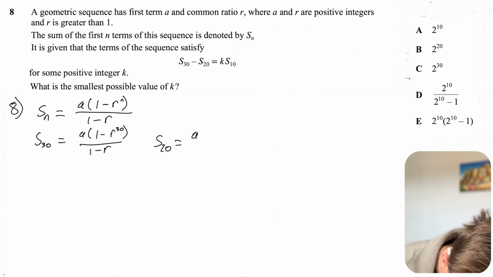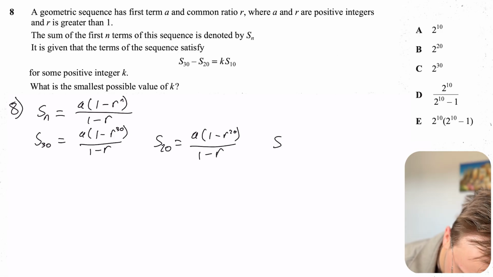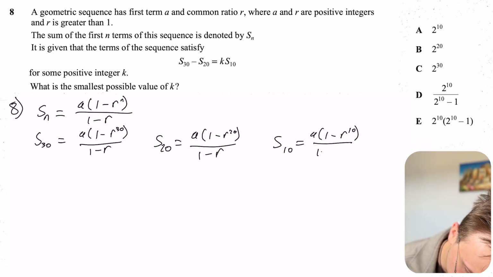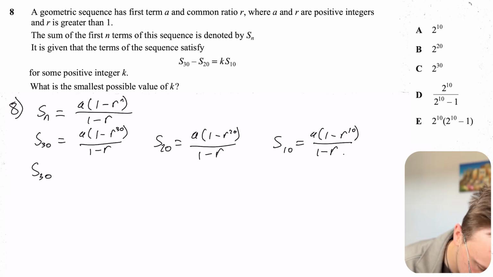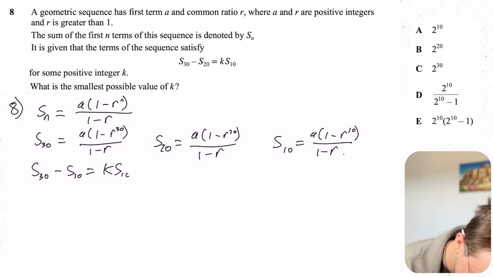S20 is equal to A(1 minus r to the 20) over (1 minus r). And S10 is equal to A(1 minus r to the 10) all over (1 minus r). Okay, so S30 minus S20 equals K times S10.